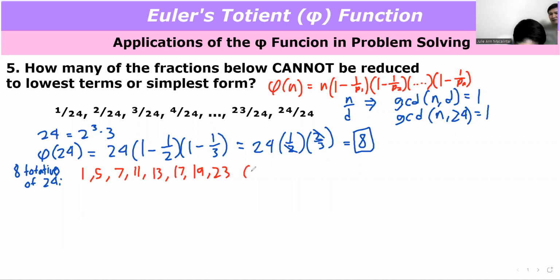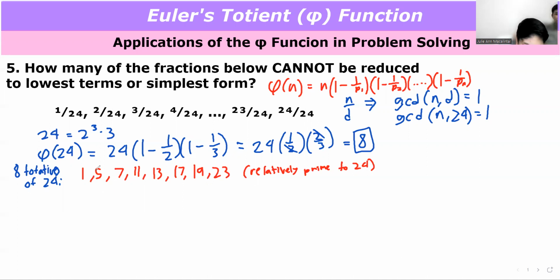Meaning these numbers are relatively prime to 24. So of course they don't share any common factor with 24.